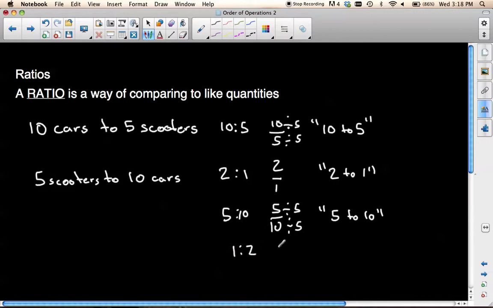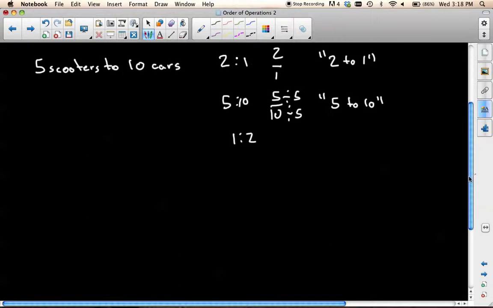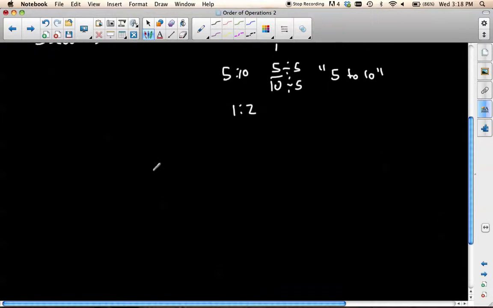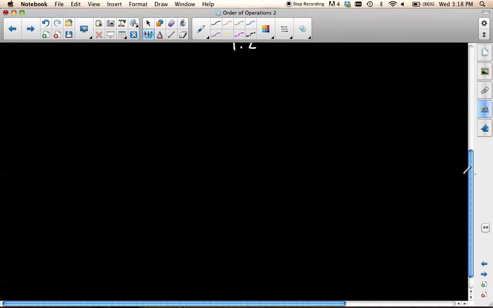Okay? So it's just a way of comparing like quantities. That's all a ratio is. Now let's look at a different type of ratio. In our class, we have 25 students, and we want to figure out the ratio of boys to girls.